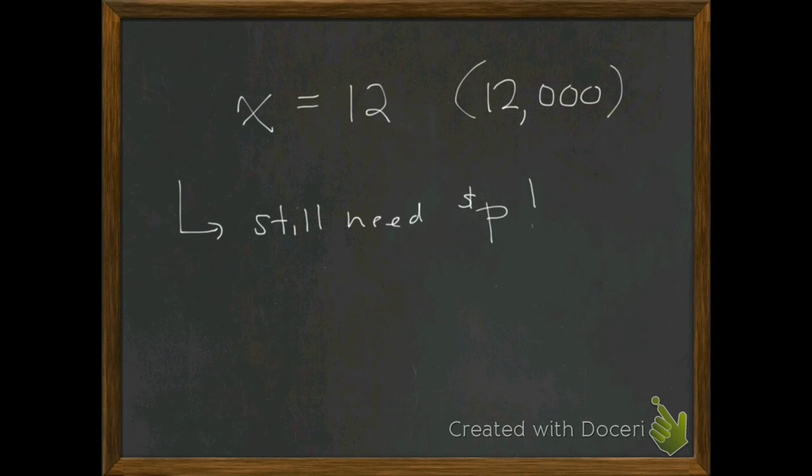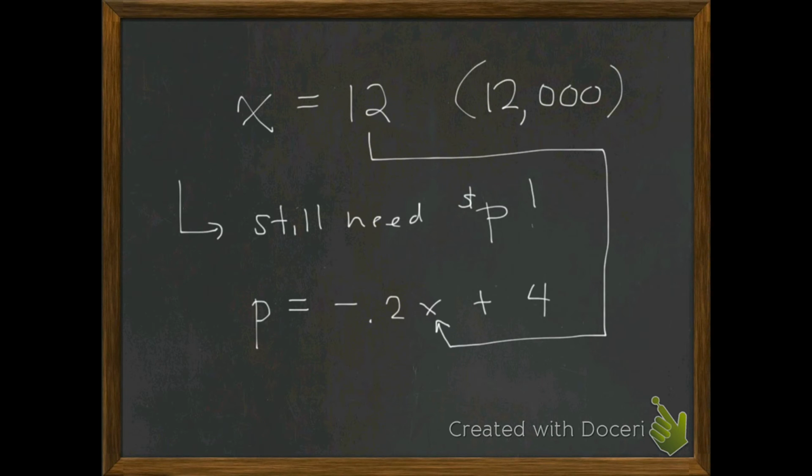So what we need to do is choose one of our functions. And I don't think it really matters, but I'm just going to choose the demand function. I like 0.2's and 4's better than the other one for some reason. So now I'm going to put x equal 12 in this.